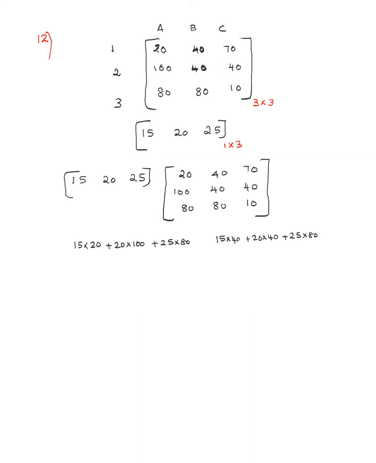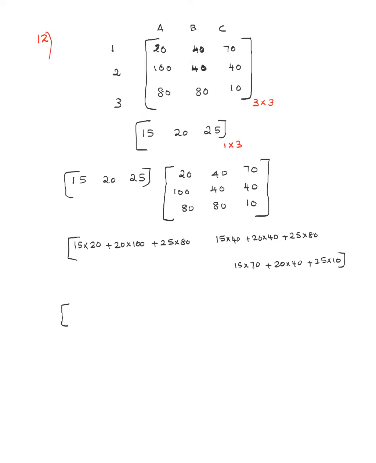And it's going to be a column matrix again. And the third element is going to be 15 times 70 plus 20 times 40 plus 25 times 10. So it is a column matrix again.